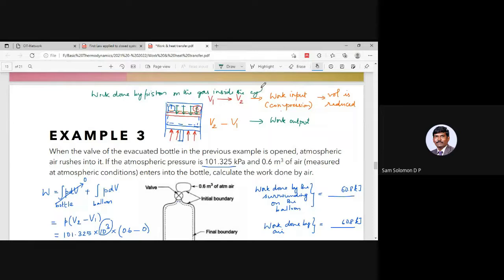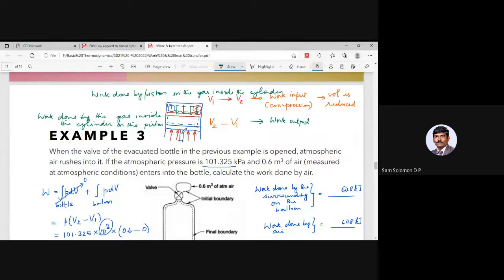That is work input. In the second scenario, work is done by the gas inside the cylinder on the piston. Now the gas is pushing the piston. In the first case, the piston was compressing the gas. Now the compressed gas is pushing the piston.